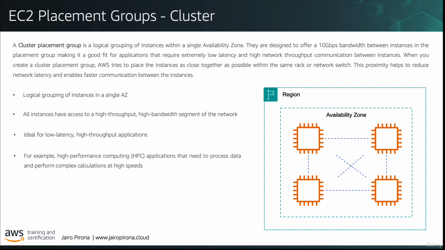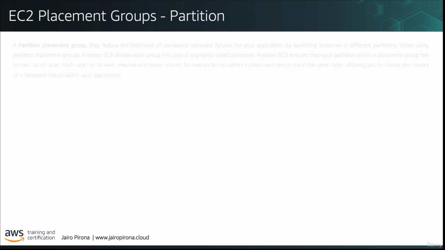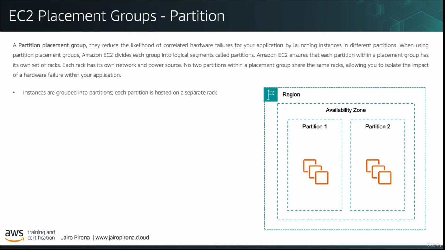Clustered placement groups are also recommended when most of the traffic occurs between cluster instances, since all instances in a clustered placement group are in a single availability zone. It is important to note that cluster placement groups are not compatible with bursty performance instances, such as T2 and T3 instances.